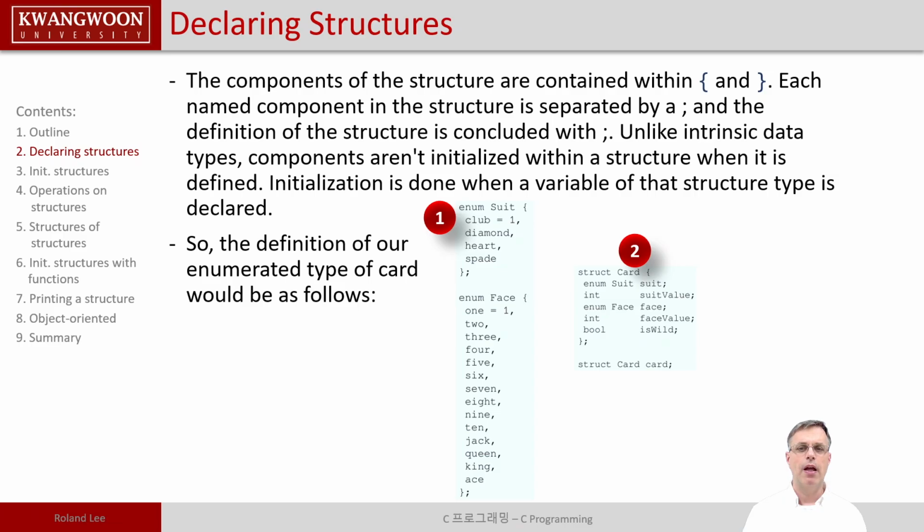Again, here custom data types begin with an uppercase letter and variables of that data type begin with a lowercase letter of the same name. That's why we have enum Suit and a face.